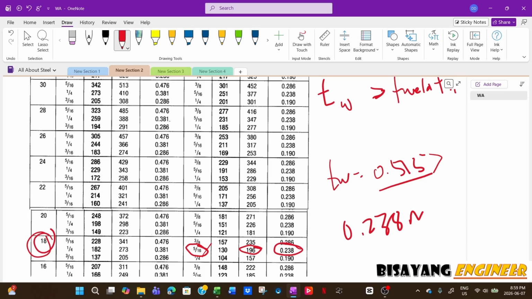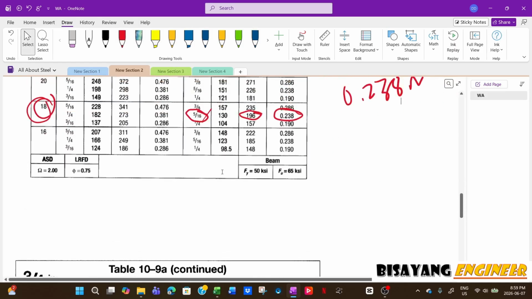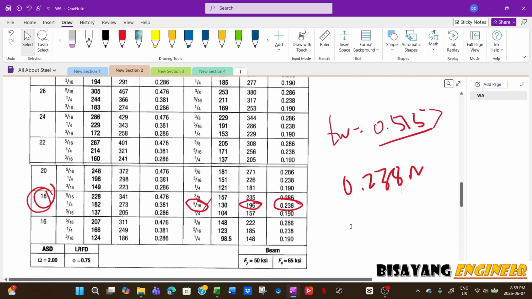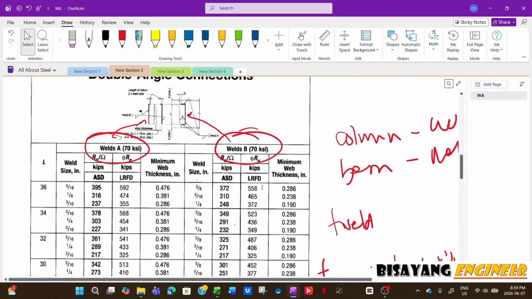So that's how you determine the capacity of the connection. I think that's it.